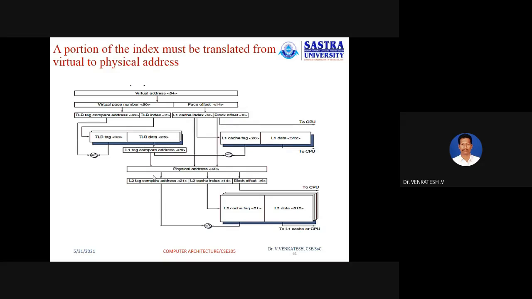So these are all the ways to get the data from the cache at different levels of the hierarchy. Okay. This is going to be the end of unit 4. I think almost everything is covered.